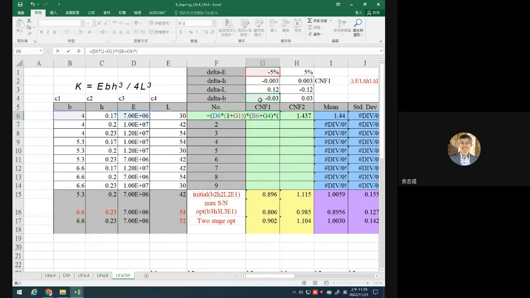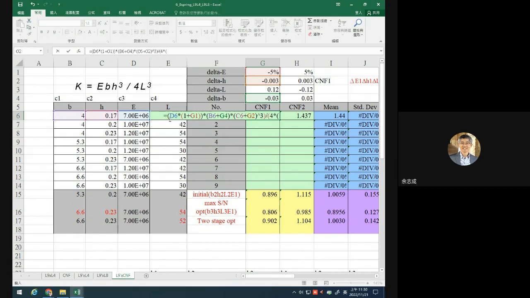H, power 3, and over 4 multiplied by L. L is blocked. That's right.